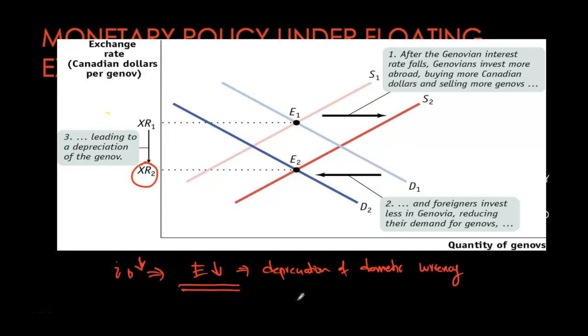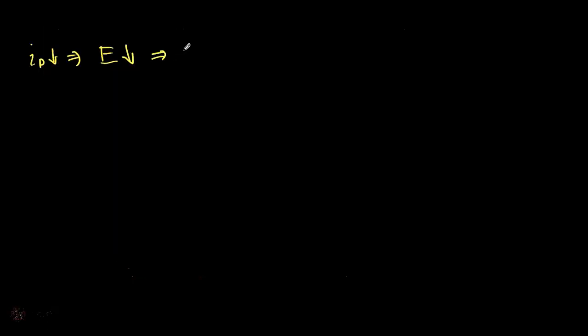of the domestic currency. How will this depreciation now affect your current account and your financial account? Lower value of the dollar means that our goods are cheaper for foreigners, so exports are going to go up. Lower value of the dollar also means that foreign goods are more expensive for us, so imports are going to go down. Higher exports and lower imports will ensure that our merchandise trade balance or net exports go up.